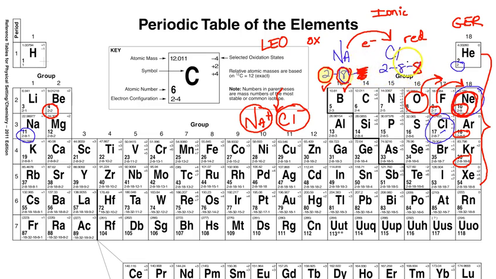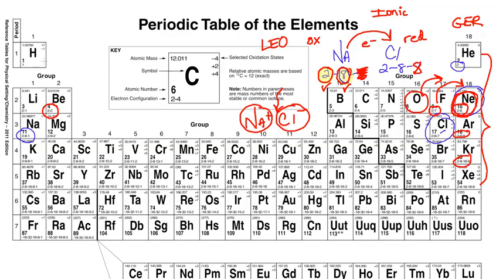So they both used each other. And they went from high energy atoms to what? Lower energy compounds. And very spontaneous, delta G is negative. Okay, that is the first type of bonding.